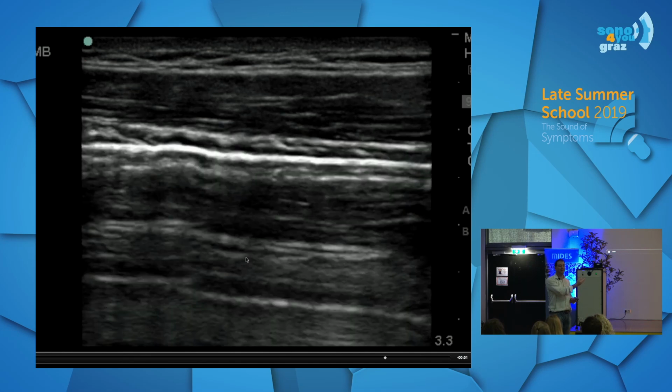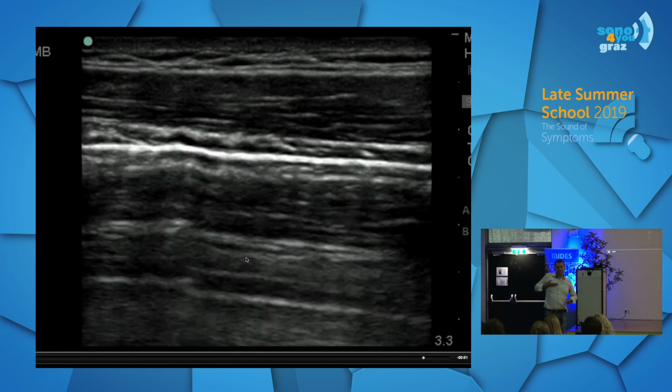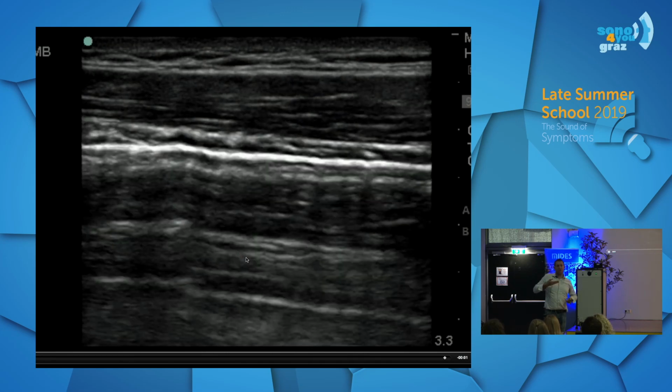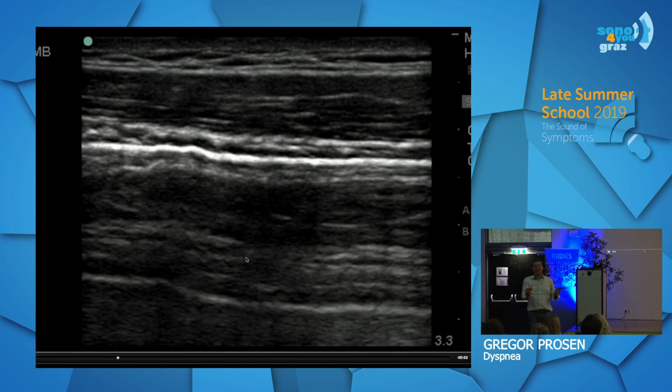This was the trick. I put the probe inside the intercostal space, not perpendicular to the intercostal space. You understand what I mean? So in it, there is no sliding, but we cannot be sure which one of these hyperechogenic lines should be moving.